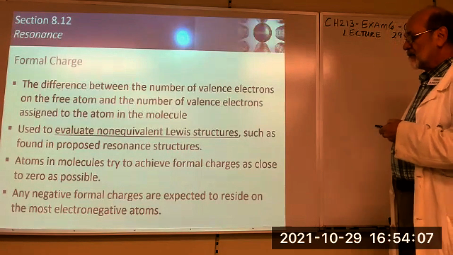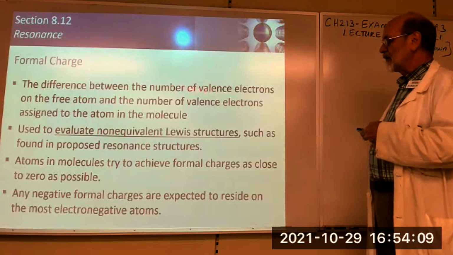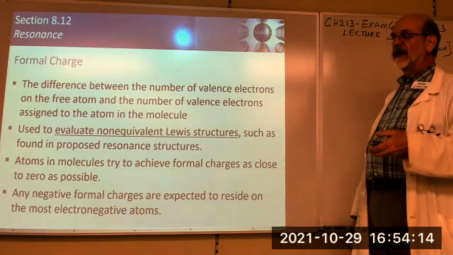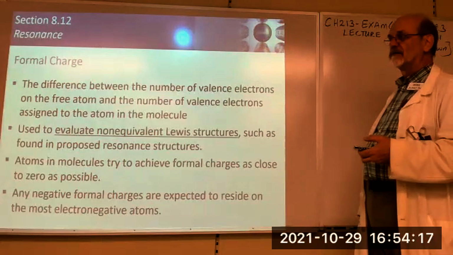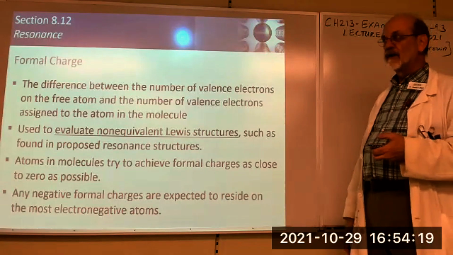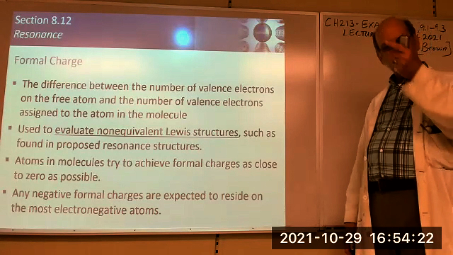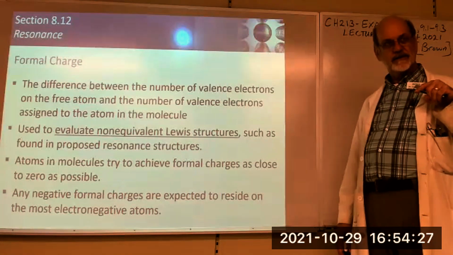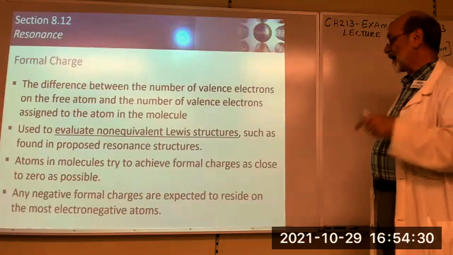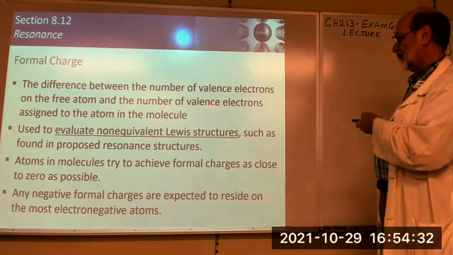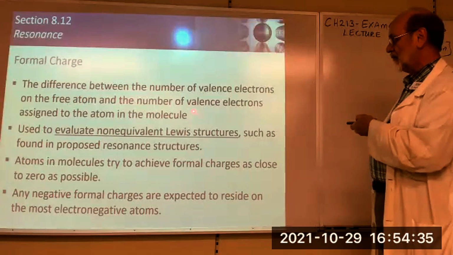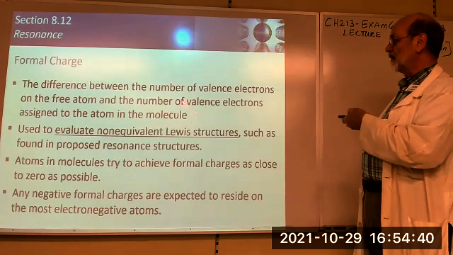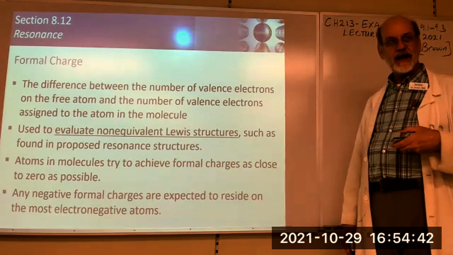Basically, we look at the number of valence electrons on the free atom. So carbon would have 4, nitrogen would have 5 valence electrons. Then we look at the number of electrons that surround the atom when it's bonded, and we subtract those electrons around the bonded atom from the electrons around the free atom.